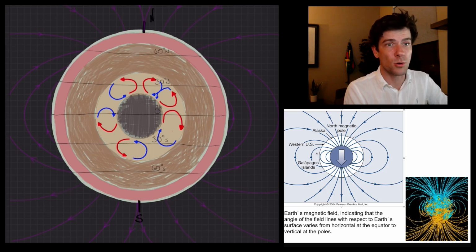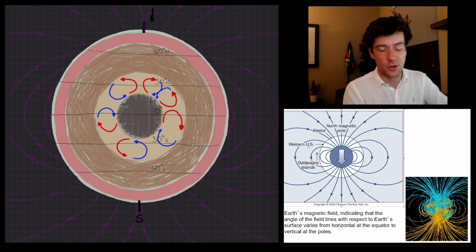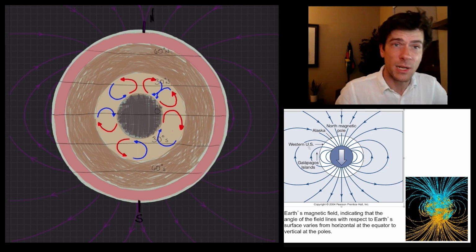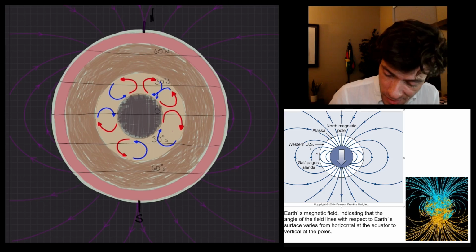Up here at the poles, the magnetic field intersects the Earth's surface at a right angle, at 90 degrees. But out here at the equator, it actually hits the Earth's surface roughly parallel. Okay, and that's shown in the pink field lines drawn on the iPad there.